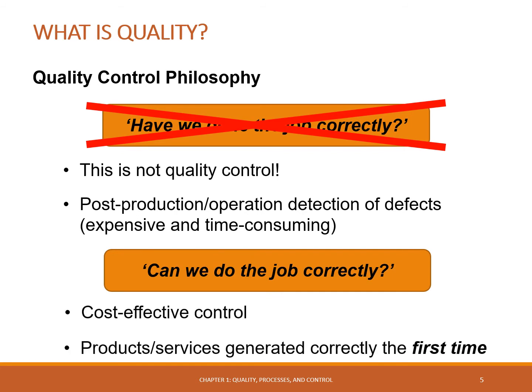Trying to answer this question allows a much more cost-effective control because we are essentially worried about generating the product or service correctly for the first time. This approach has huge implications on statistical process control methods and tools we are going to learn in this course. This also has a lot to do with the type of process we are dealing with.